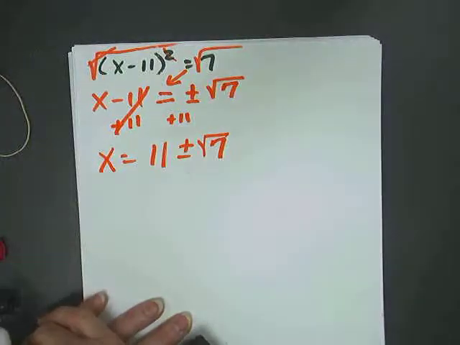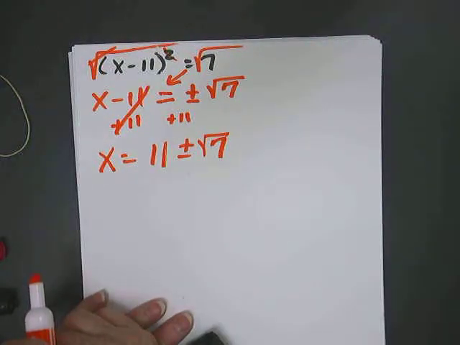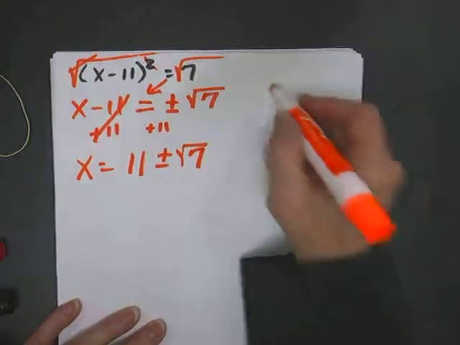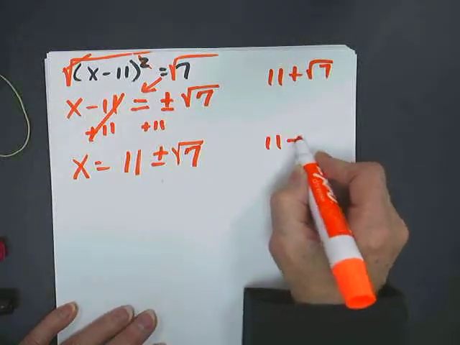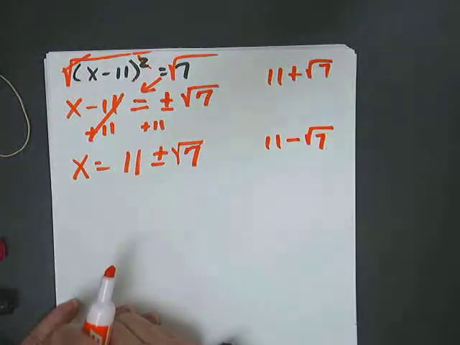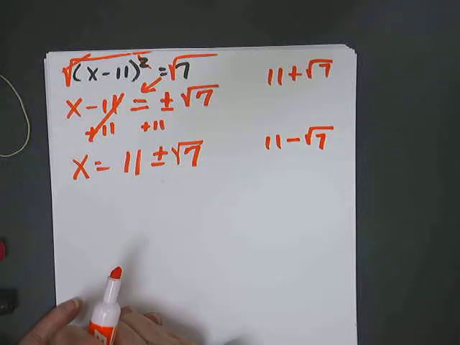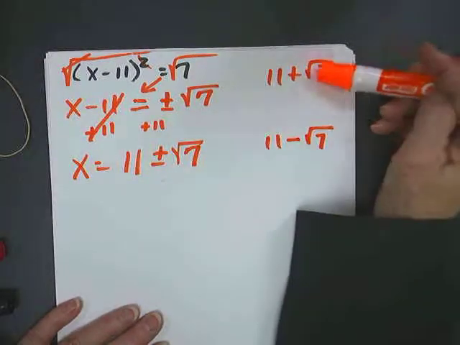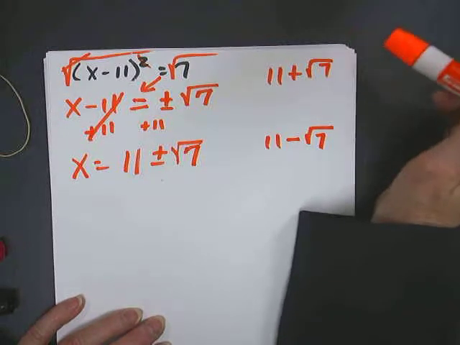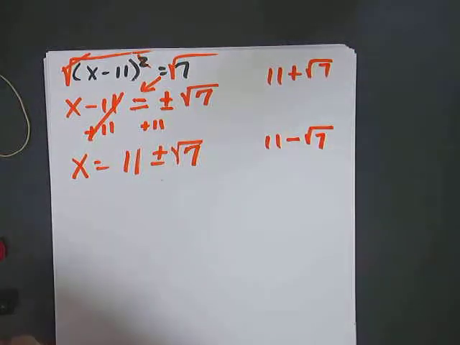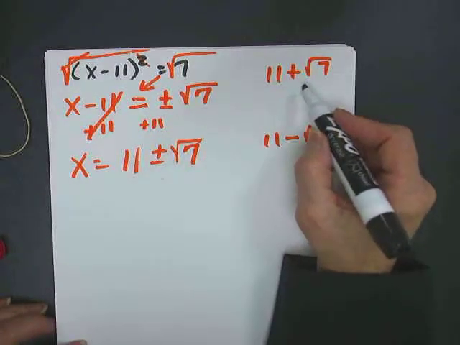Add 11 to both sides. x equals 11 plus or minus square root of 7. That'll give you two answers. You'll have 11 plus square root of 7 and 11 minus square root of 7. And you can go ahead and put that in your calculator and round it to 3 decimal places.